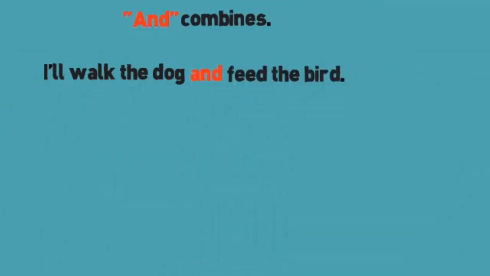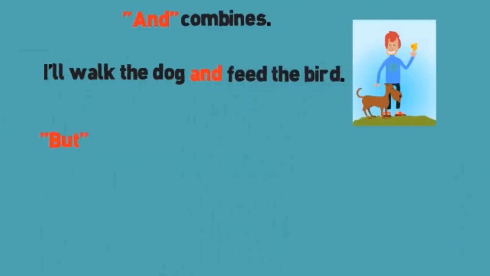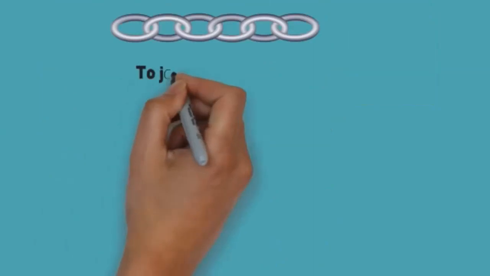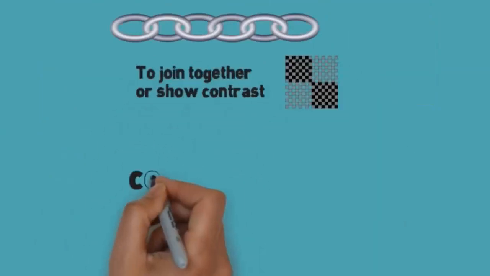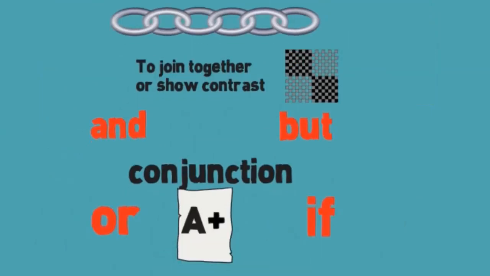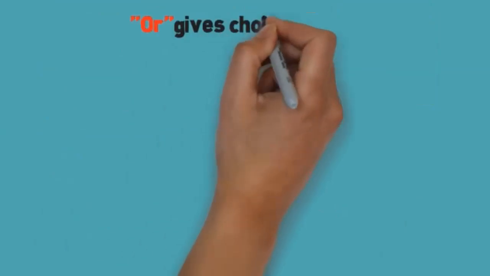I'll walk the dog and feed the birds, but shows differences you may know. You were invited, but you can't go. To join together or show contrast, using a conjunction is where it's at. Using conjunctions when you write will make your paper dynamite, or gives choices.